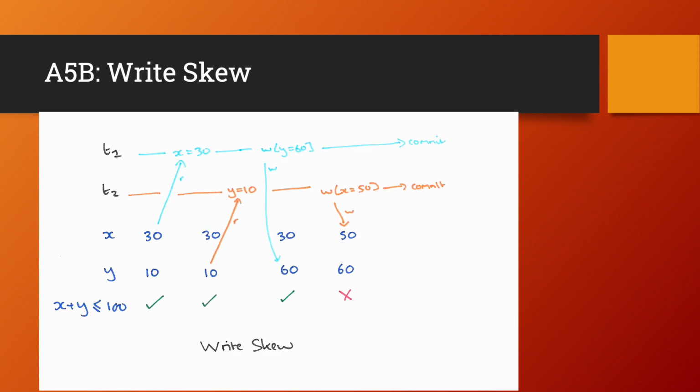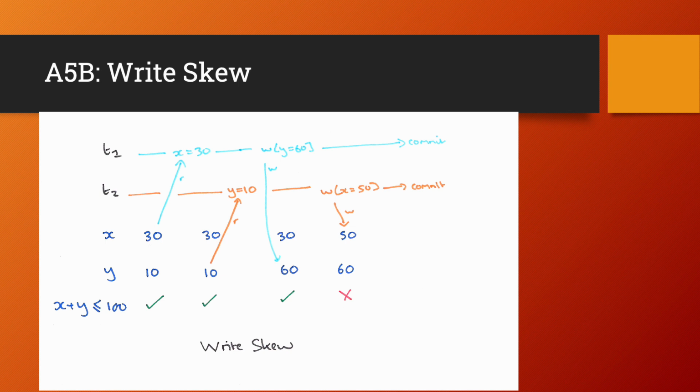Write skew. Write skew is very similar. Suppose our constraint is X plus Y is less than or equal to 100, and this time we interpose a transaction before T1 issues a write. So here T1 reads X equal to 30, T2 reads X equal to Y equal to 10, then T1 writes Y equal to 60, and then T2 writes X equal to 50 and commits.